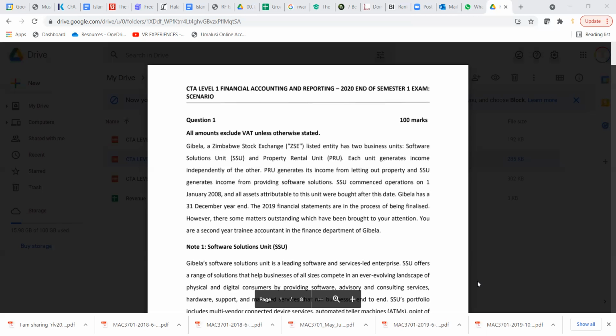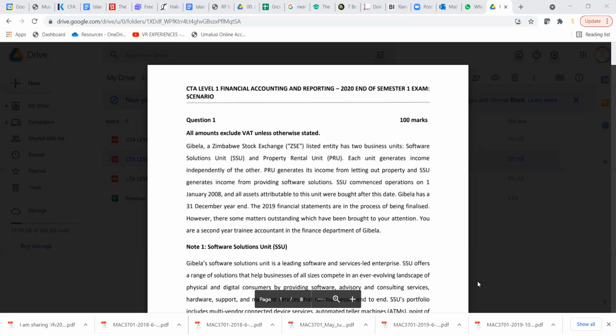Okay, so there will be marks available for discussing which accounting standard. So for example, if you do not discuss which accounting standard, even if you get everything else right, you won't get 100% because you're going to lose the marks allocated for identifying which standard it should be. So that's very important.